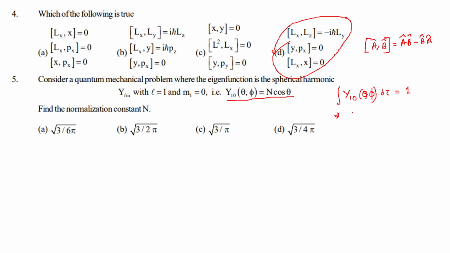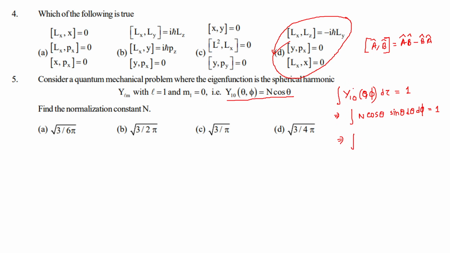So it is going to be N cos theta. What about the d tau? D tau here is sin theta d theta d phi. This is spherical polar coordinates. That's why the d tau is different from the usual Cartesian coordinates that we use. So now there are going to be two kinds of integrals, one based on theta, another based on phi.